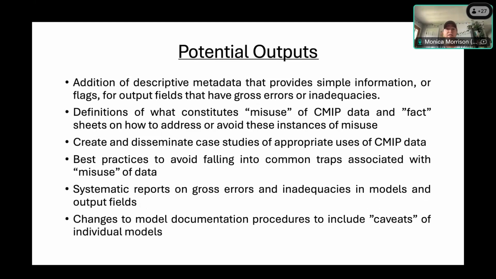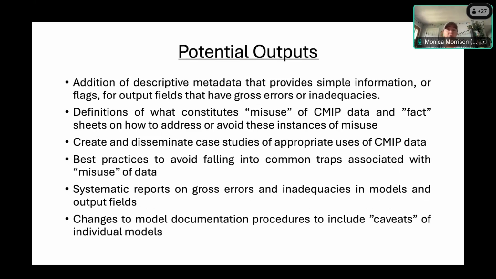Create and disseminate case studies of the appropriate uses of CMIP data, especially output fields that might be a bit more difficult to use because there are biases or potential simplifications in how the model represents processes that are then used to calculate that output. Advising on best practices to avoid falling into common traps associated with misuse of data.